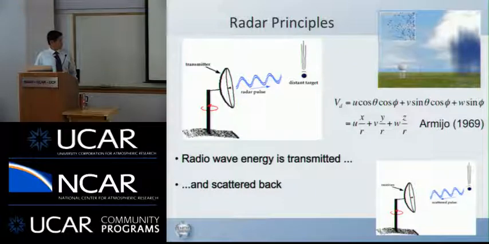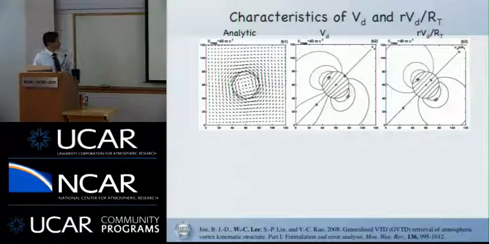So basically, the distance velocity azimuth display, what I'm going to talk about today, is basically multiplying r to the other side of the equation. So it becomes r times vd. Okay. This is the wind field of a Rankine vortex.